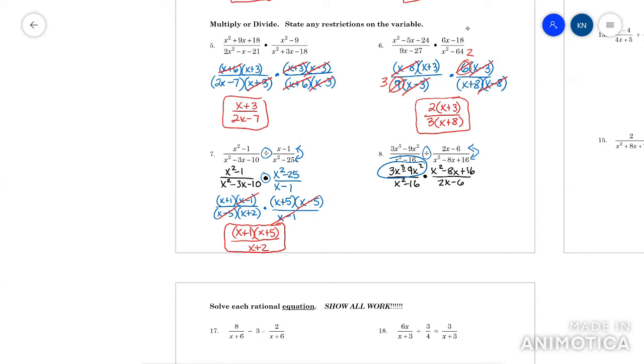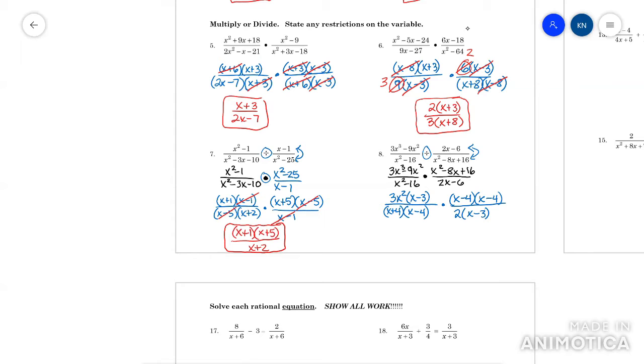So this first part is a GCF. Your GCF is 3x squared. When you take it out, it's going to leave x minus 3. The bottom's the difference of squares. And then this one's a GCF as well. The GCF is 2.